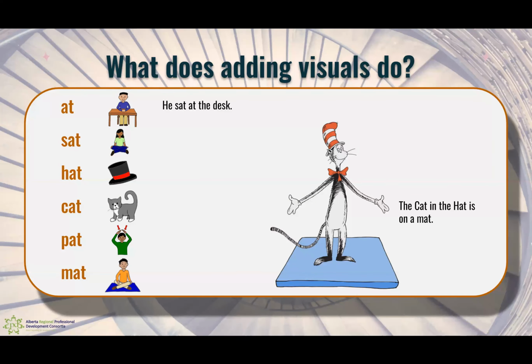So, especially starting in grade 1 in our new curriculum, working on those word families, and that phonological awareness and hearing the rhymes, but what a significant role visuals can play in that, because students may be able to read and fluently decode afterwards at, sat, hat, cat, pat, mat, but asking them what is a mat, or go to the mat, or pat your head, they may not know what that means.